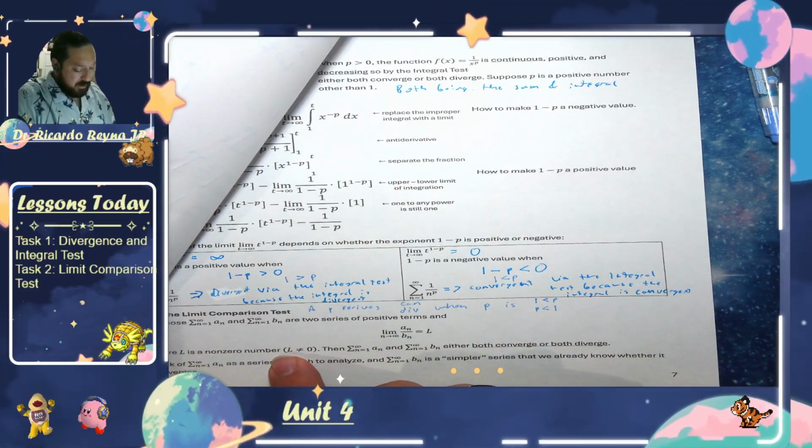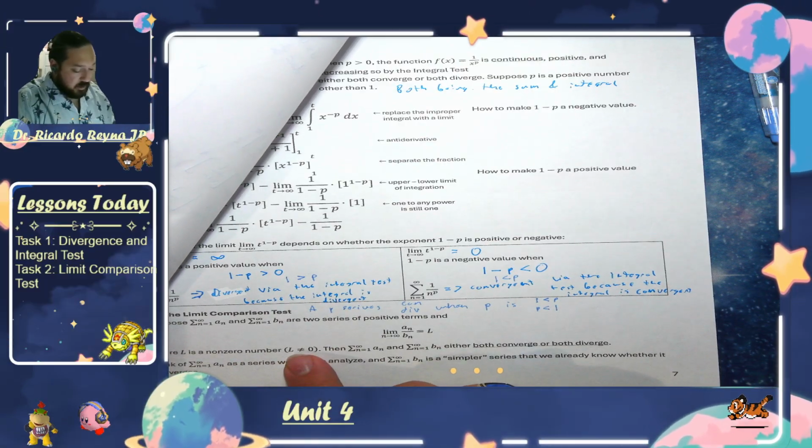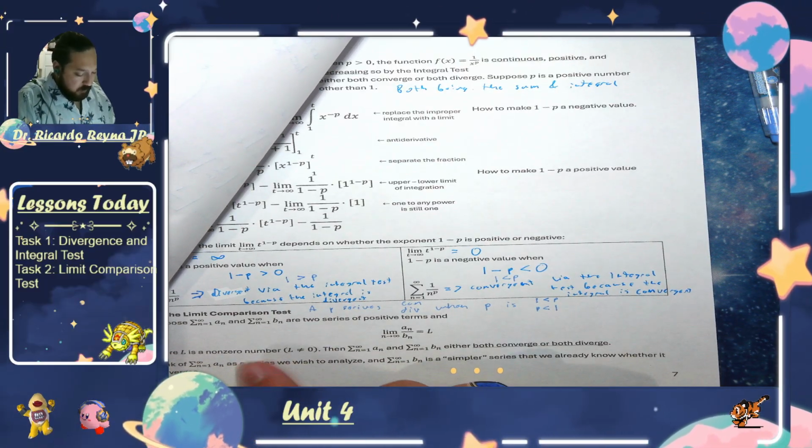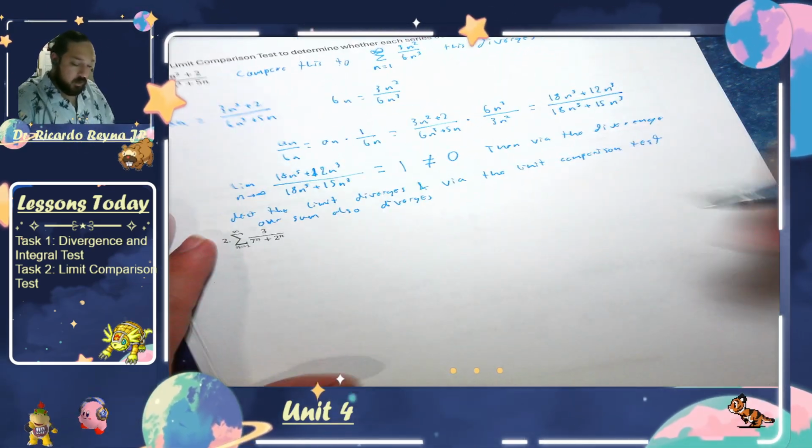Oh, I confused it. That's right. We just have to check if L is a non-zero number. If L is a non-zero number, then they both converge or diverge.